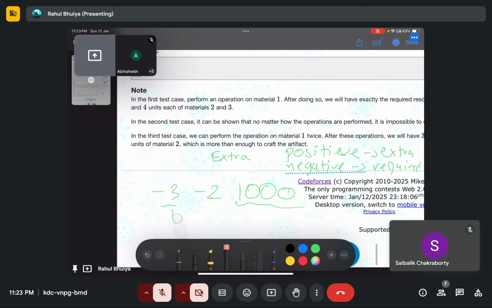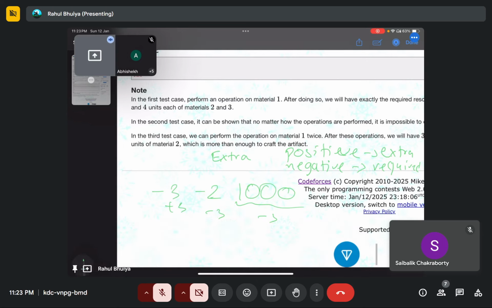So what will I do? Here I need to do -3 to all and +3 to here. So what will this be? This will be 0, minus 5, 0, 997. And here then I also require 5.